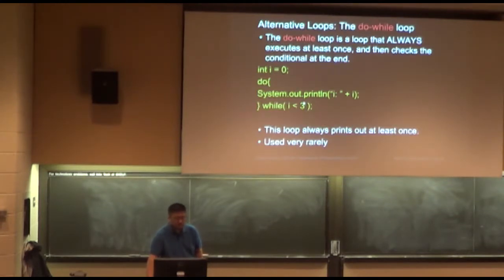The way the do while loop works is that first, after you hit the do statement, you always run the body of the do while loop. After you run the body the first time, then you check the condition to see if it should run again. If it should run again, if i is indeed less than 3, then it runs again. Otherwise, it doesn't run.